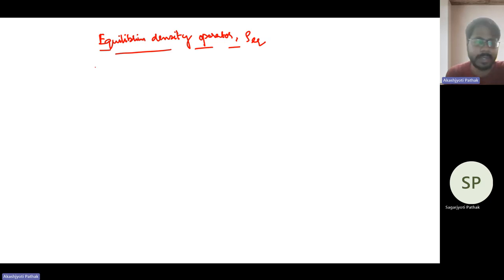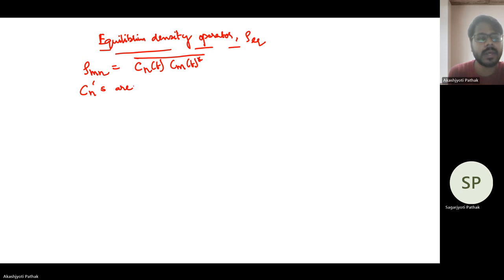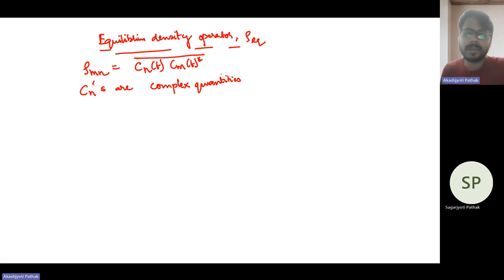So first, the matrix element rho mn, or rho ij, anything you can write. This matrix element rho mn is given by the product of the coefficient Cn and the conjugate of Cm. These coefficients are complex quantities with a star, and they represent an ensemble average.